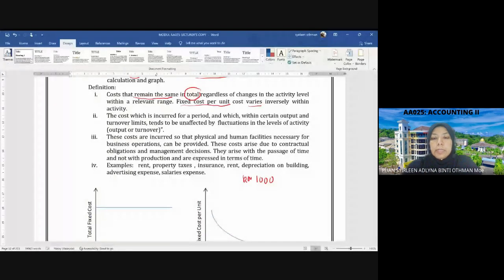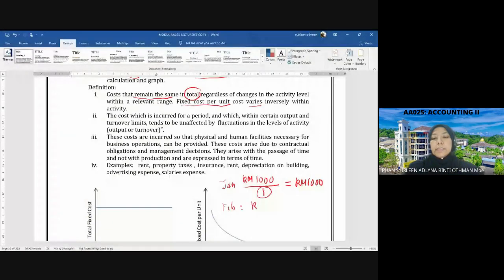So kalau kata saya keluarkan satu unit saja produk pada bulan tersebut, sewa Madam kekal 1,000 sebab 1,000 tu ialah total. Tapi kalau fixed cost per unit, yang ini RM1,000 lah. Okay, let's say bulan depan kita increase volume. Okay, so let's say this is January. So for February, let's say I increase the volume.